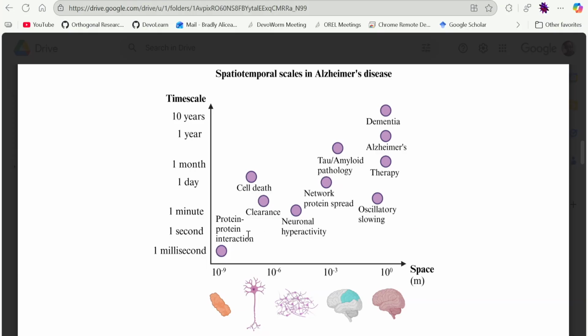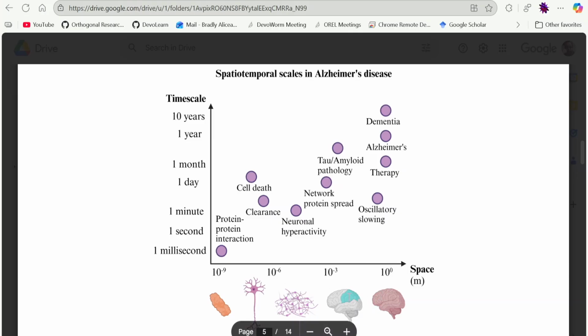Depending on what we're talking about, we have very different spatial and temporal scales. Protein-protein interactions occur in a very small space at a very short time scale. Cell death occurs at a longer time scale and a little bit larger spatial scale. We have then dementia, which is maybe a 10 year time scale, but in a very large space of the brain. We're talking about a meter of the brain.